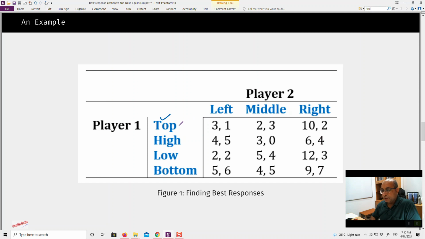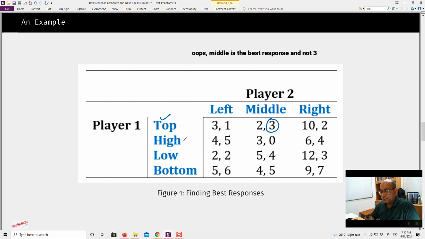So if player 1 has played top, playing left gives 1, middle gives 3 and right gives 2 to player 2. So we see that 3 is actually the highest out of these. So we can say that 3 is the best response for player 2 against top by player 1.